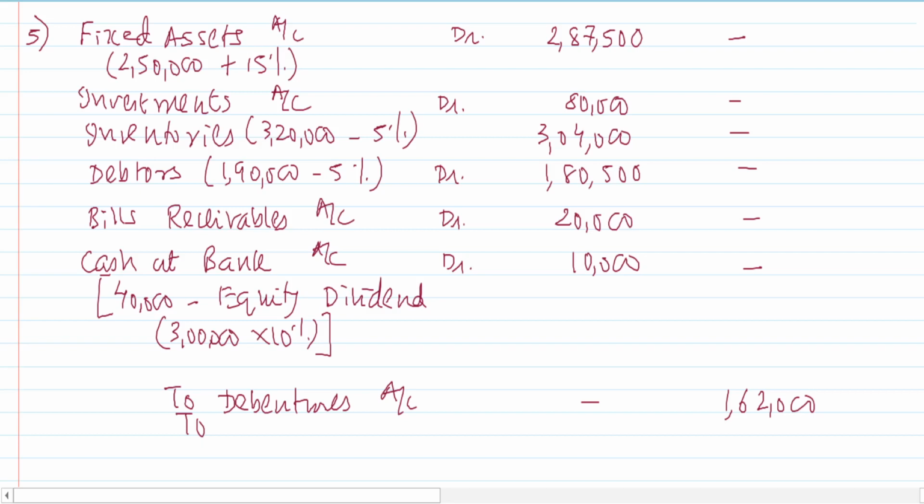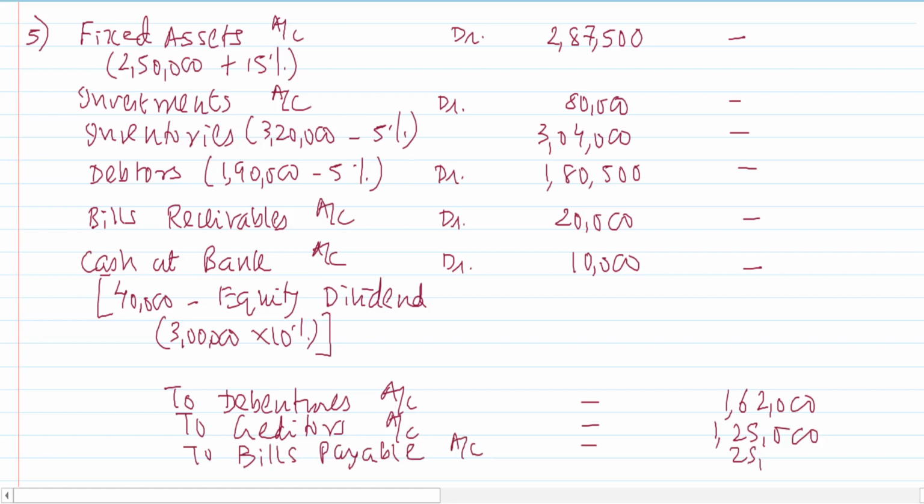To creditors account, 1,25,000. To bills payable account, 25,000.